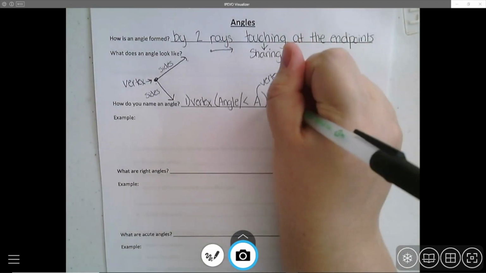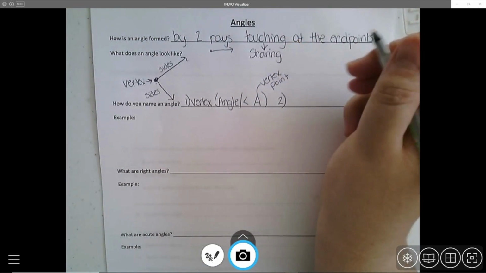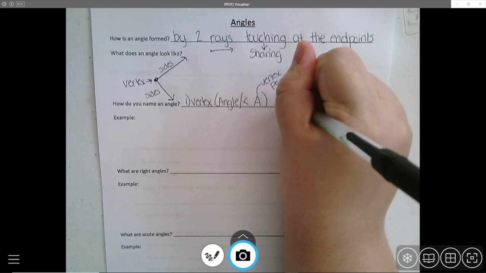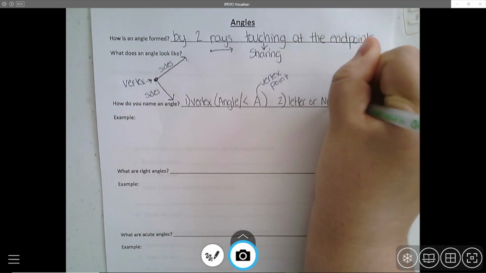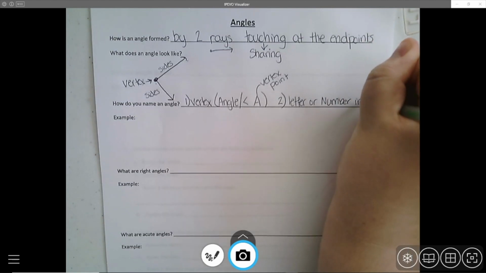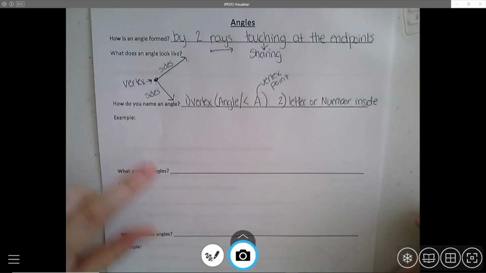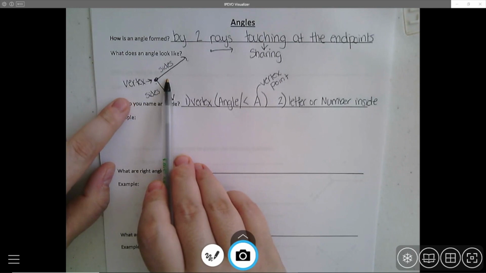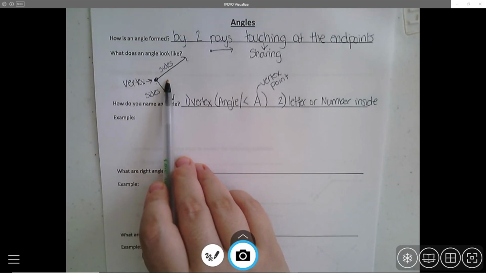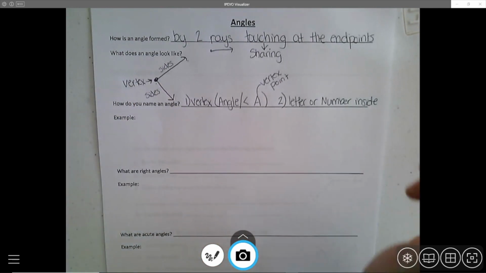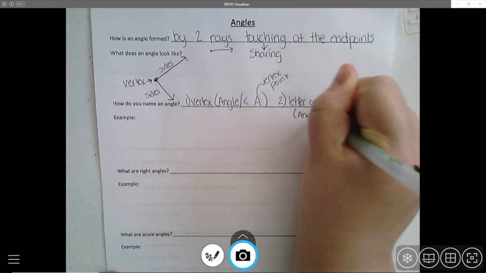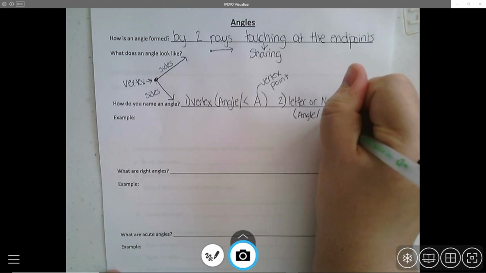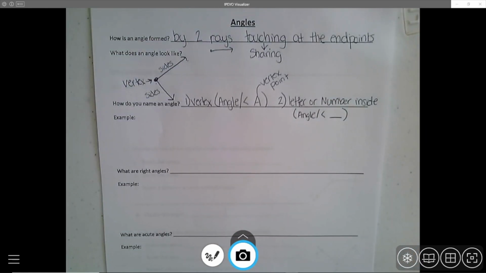A second way that we name it is with a letter or number inside. So sometimes inside the angle there will be letters or numbers, and we can name it by that. Again, it's going to look something like angle, or this angle symbol with a letter or a number after it.